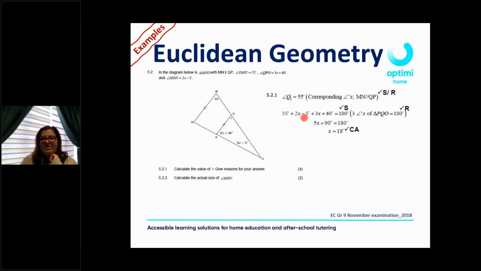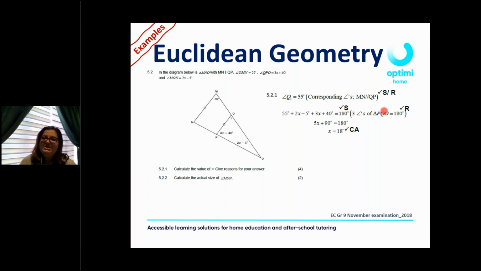And then you can just solve for x. So you take all your common variables to the one side. So 2x plus 3x is 5x. And then 55 minus 5 is 50, plus 40 is 90 degrees, is equal to 180. So you take the 90 over and you divide it by 5. You will get that x is equal to 18.